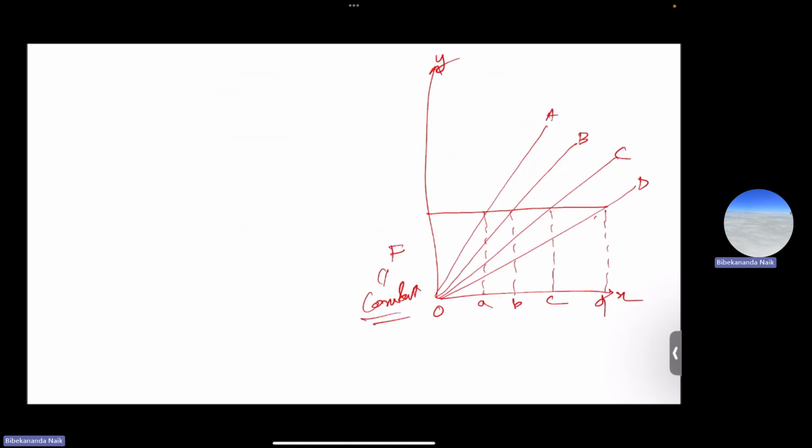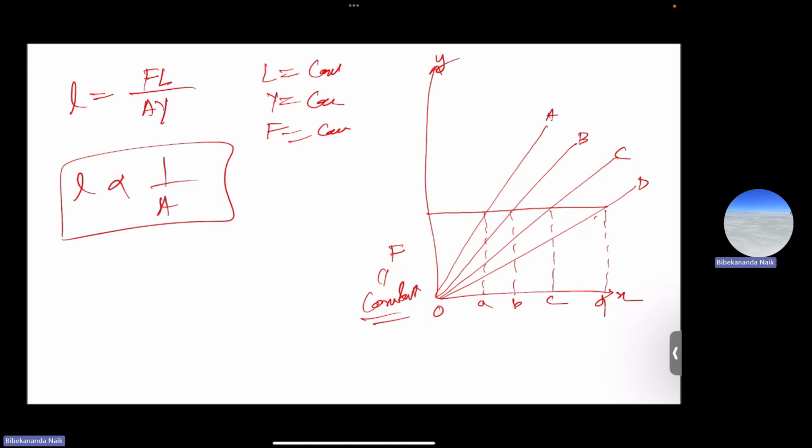So we had l equals F L by AY. Since L is constant, Y is constant, and F is constant, l is inversely proportional to 1 by A. Along this axis is the elongation, l.